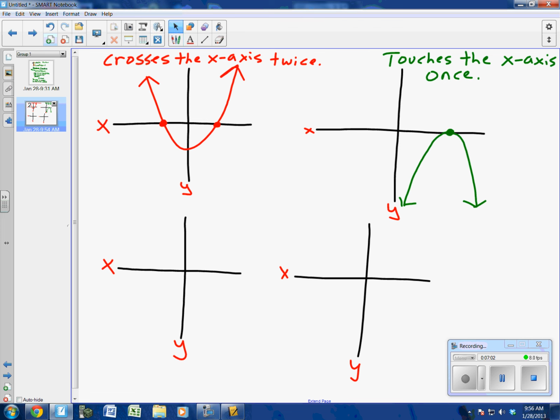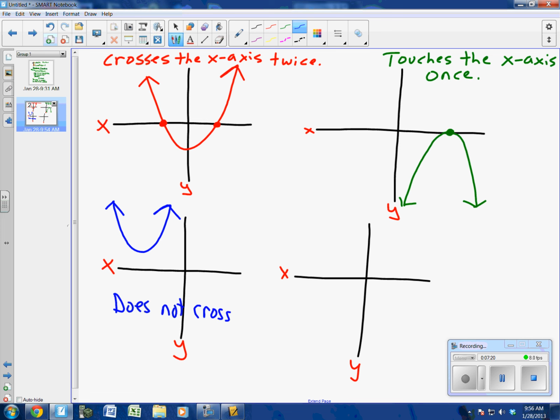There's one more possibility, and that possibility is this. What's happening here, you guys? Okay. This one does not cross the x-axis, okay? Now, what we're going to learn about, you know what?